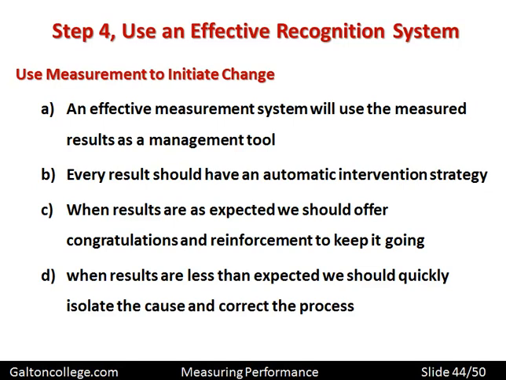When the results are less than expected, we should quickly isolate the cause and correct the process. So when the results are less, management, as I said earlier, should get involved and should look at the process and try to fix it. And the chances are the line operators who are involved will also appreciate that intervention because it flags up that their particular tasks are important.